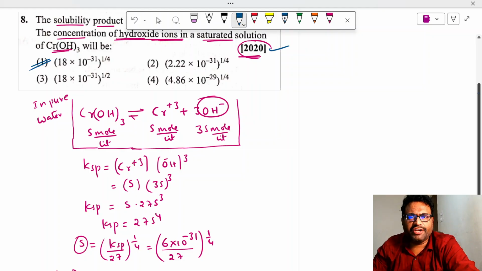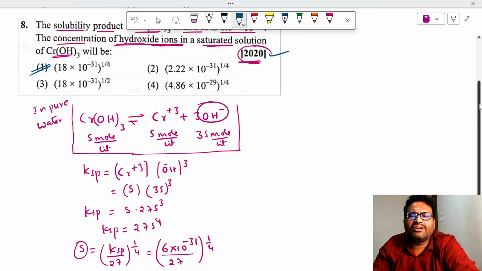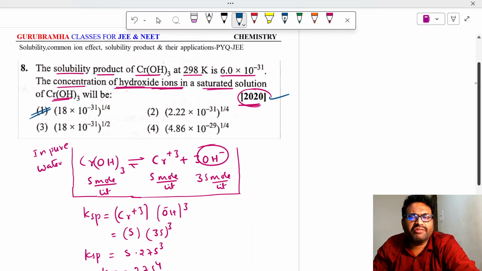If you see the PYQs from the chapter ionic equilibrium, you will find more questions from this concept of common ion effect, solubility and solubility products. So we should concentrate more on this particular concept when preparing for competitive examinations.